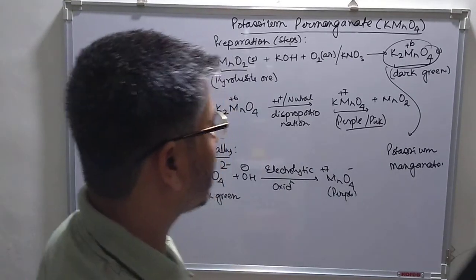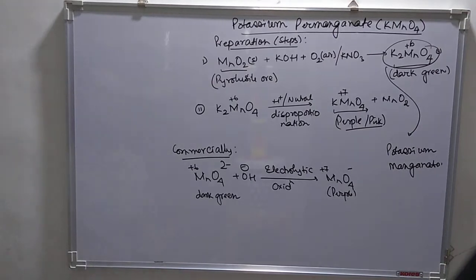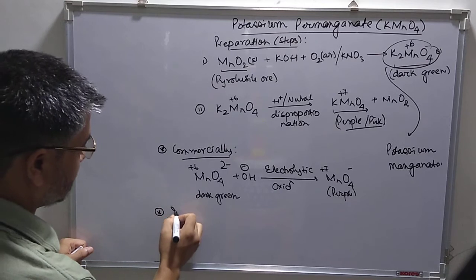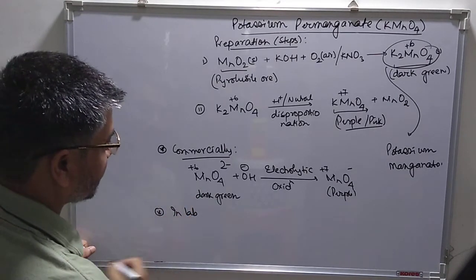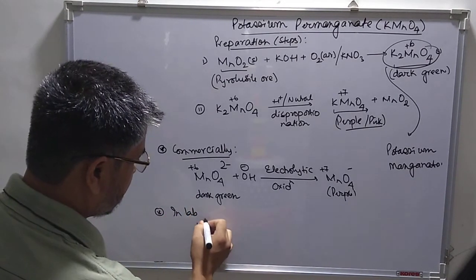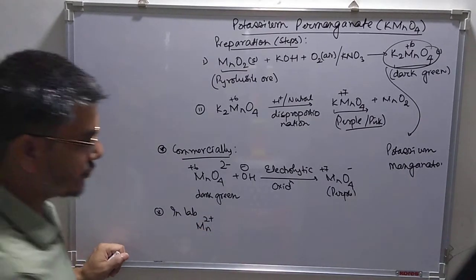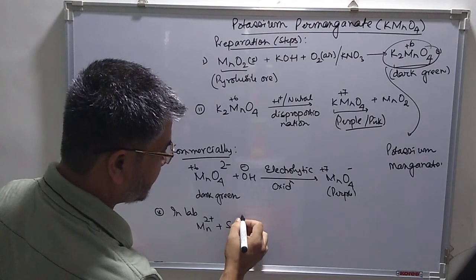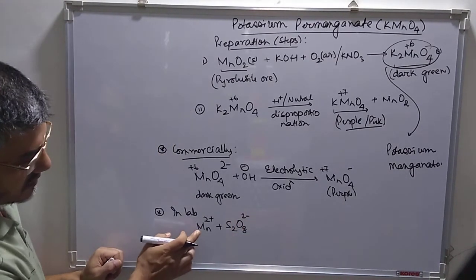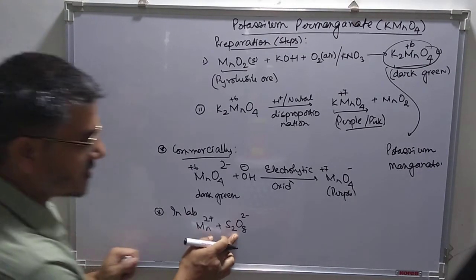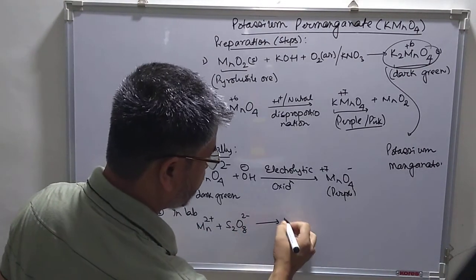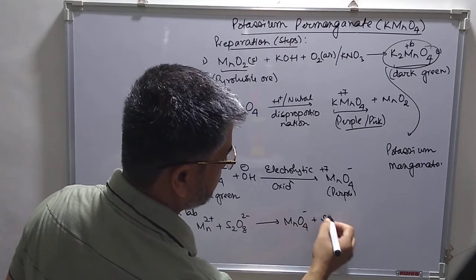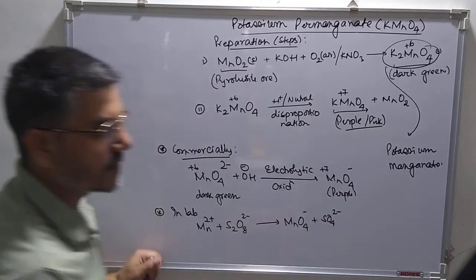Now, in the laboratory, the manganese ion Mn +2 is oxidized by peroxodisulfuric acid, which gives you MnO4 minus plus sulfur.